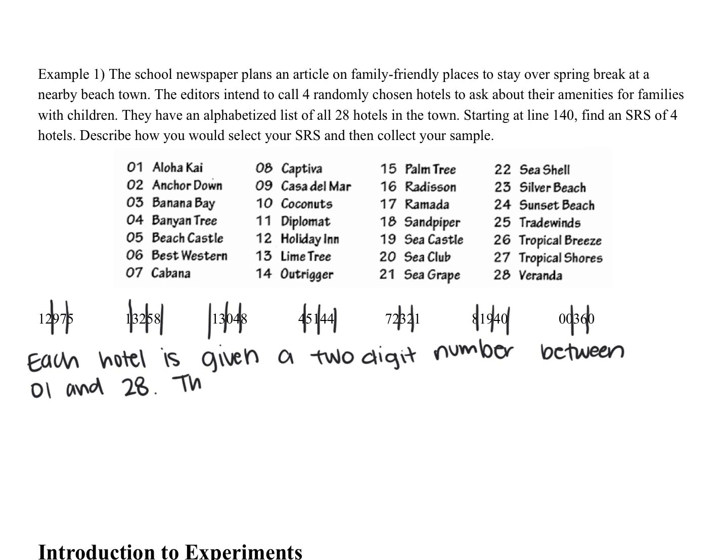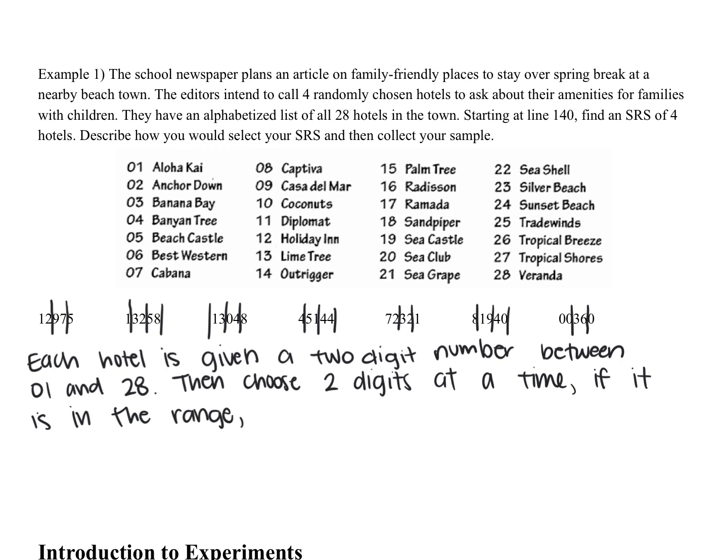Okay. Then choose 2 digits at a time. If it is in the range, that hotel will be part of the sample.